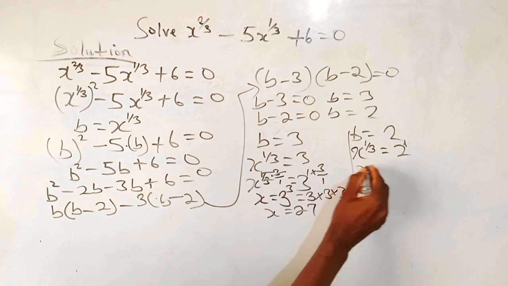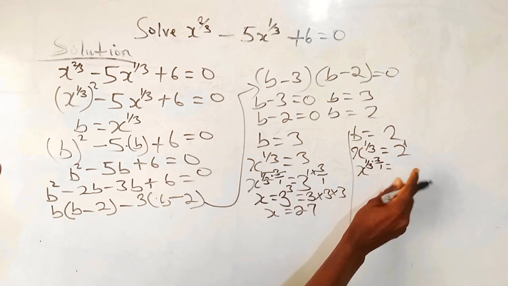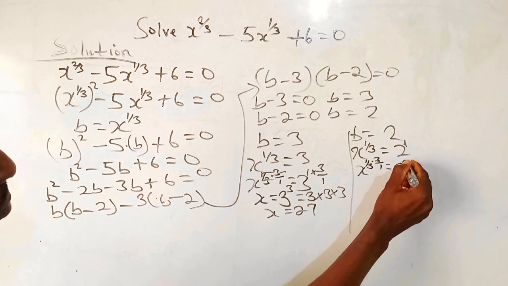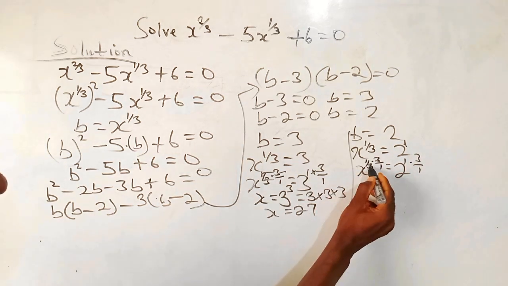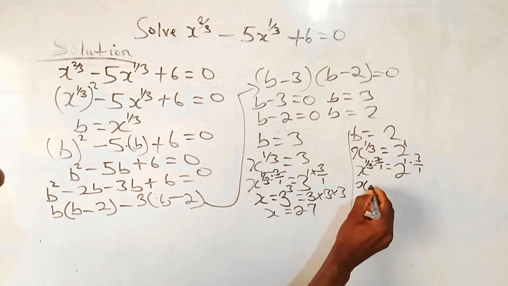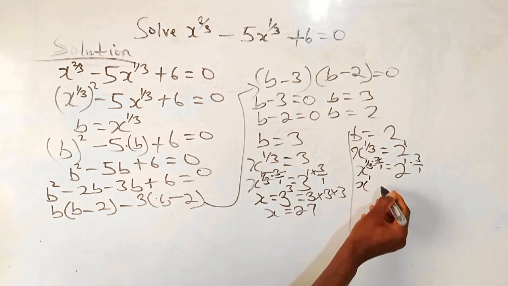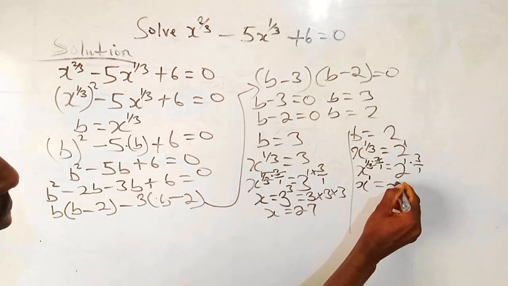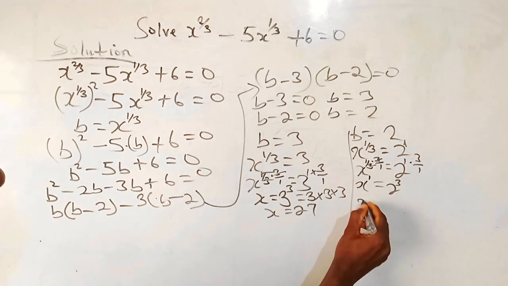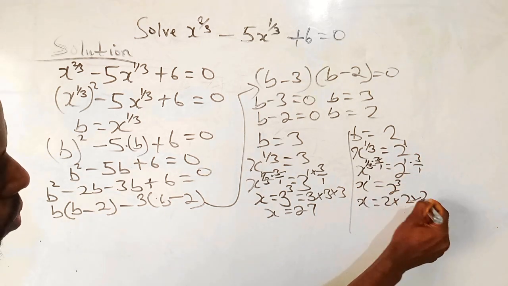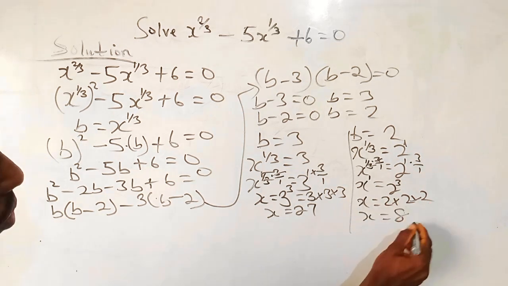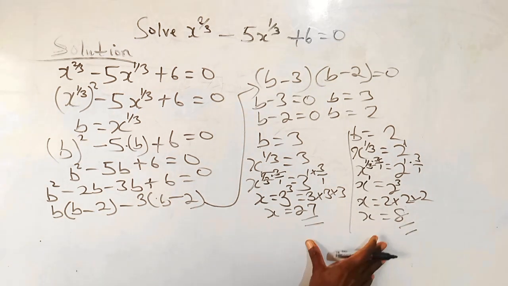So we have x to the power of 1 over 3 times 3 over 1, which is the power of 1. When we simplify this, we have x to the power of 1, which is x, equals 2 to the power of 3, which is 2 times 2 times 2. So x equals 8. Thank you very much.